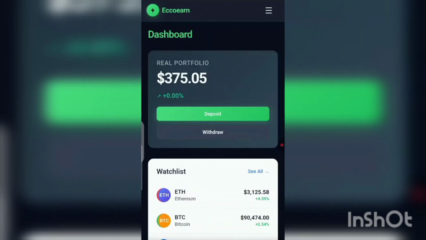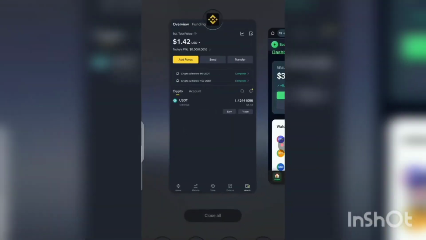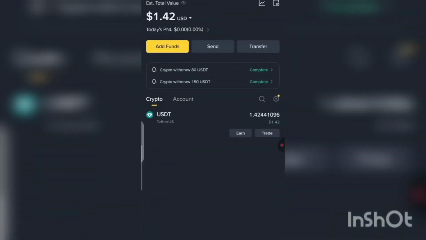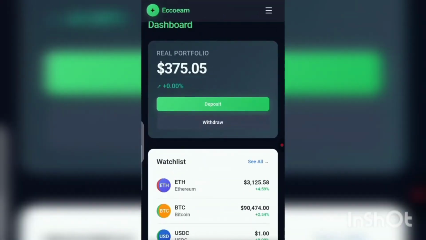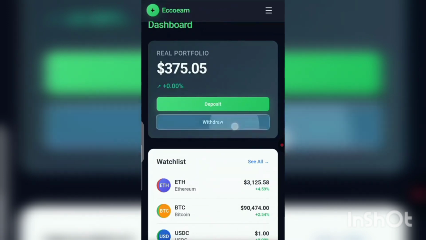The next thing I'm going to be doing is making a withdrawal back to my Binance account. You can start with 20 and within some days or weeks you get to 500, 800, $1,000. This has been a very profitable way I've used to generate thousands of dollars.